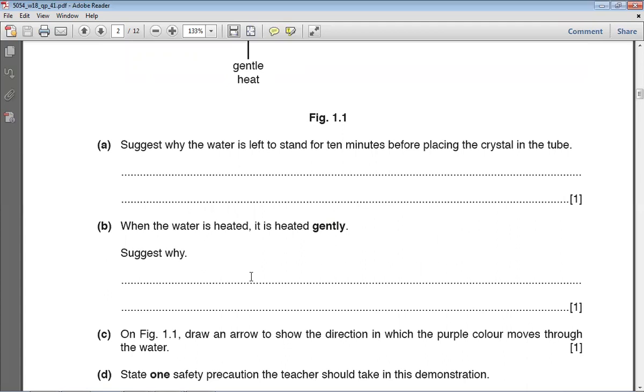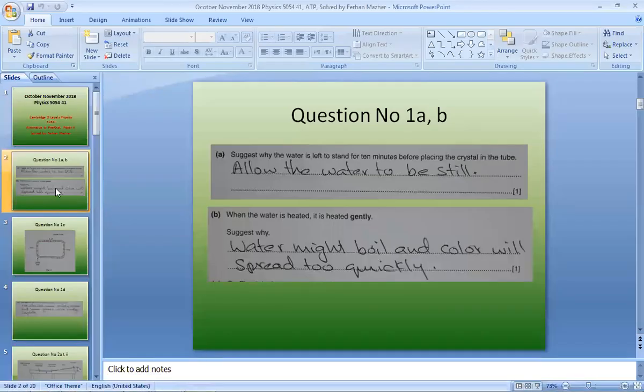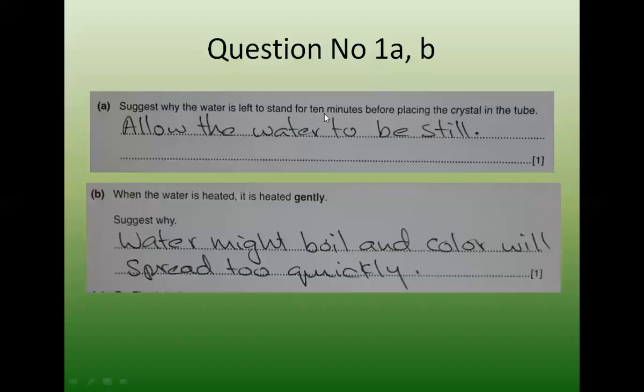That's why we give the water some time, so the water becomes stable, or you can say the water becomes still. So the answer: the water is left to stand for 10 minutes to allow the water to be still. That is a 1 mark question.